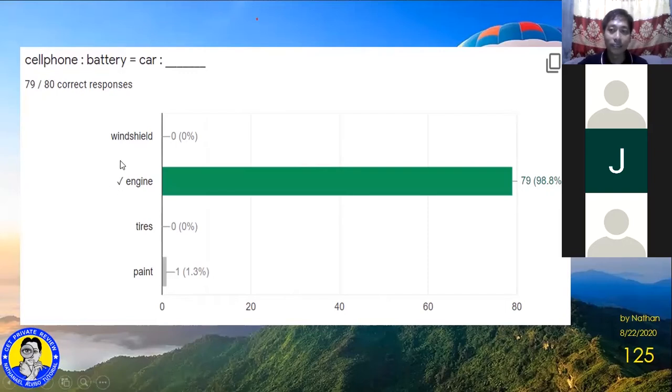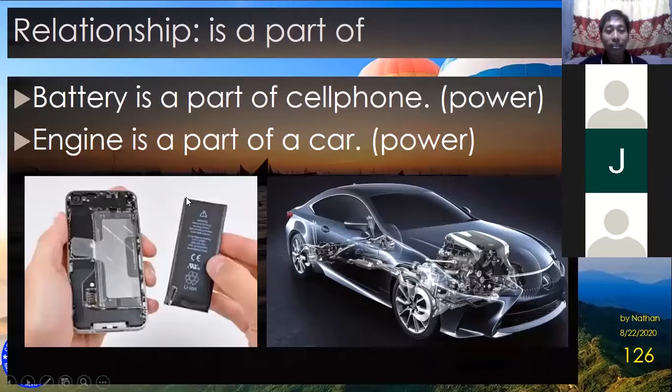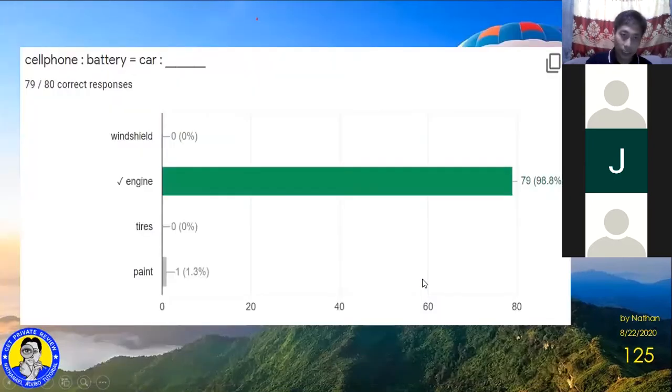But don't worry, I cannot see who answered paint. I don't know whether you're serious about that or you did not read the question carefully. There you go. So it could be a part of something. But paint is also a part of a car, same as the other selections here.